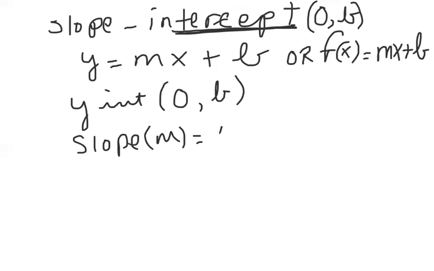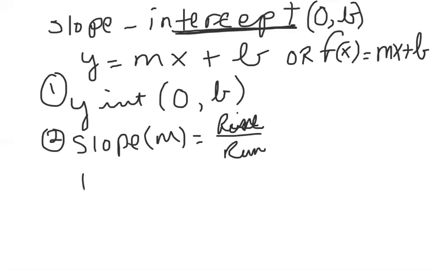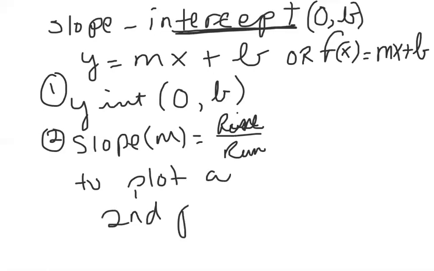So when you're graphing using slope-intercept form, you first want to go ahead and plot your y-intercept, and then you're going to use the slope to plot a second point. But guys, as always, you have to make sure the equation is in the form of y = mx + b first. If it's not in that form, it's going to be really difficult to graph it, okay?